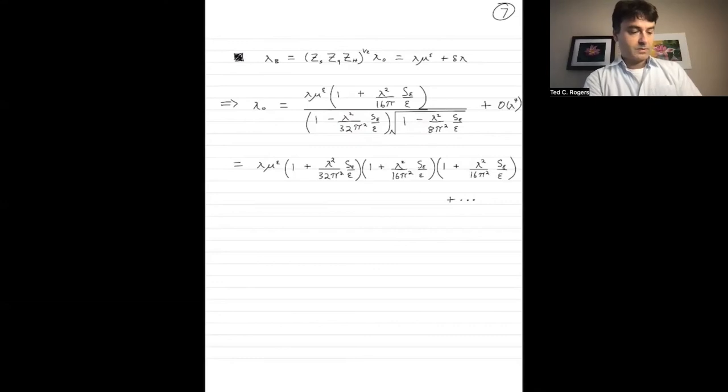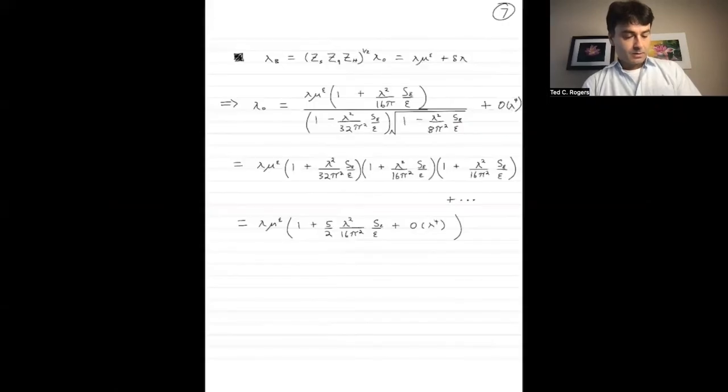And then any errors from those manipulations are suppressed by lambda to the fourth or higher. And then it's just a matter of multiplying all that out, plus dot, dot, dot.